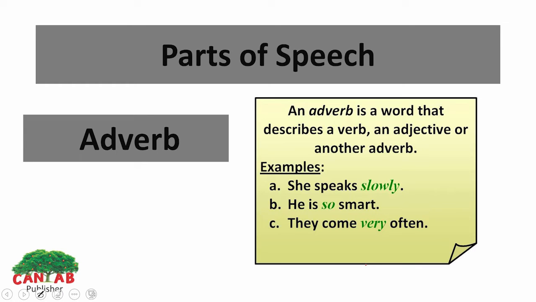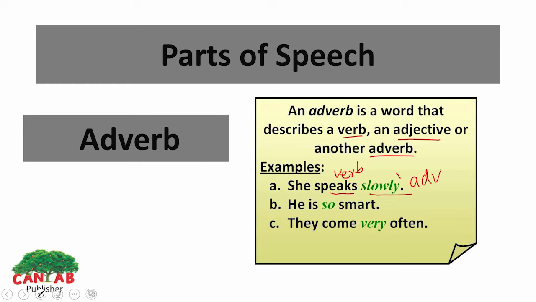Let's move to the adverb. An adverb is a word that describes a verb, an adjective or another adverb. Look at the examples. She speaks slowly. Here speaks is verb and slowly is an adverb.